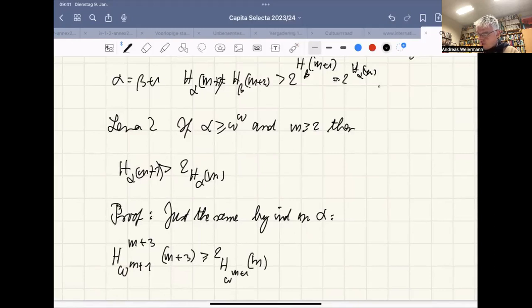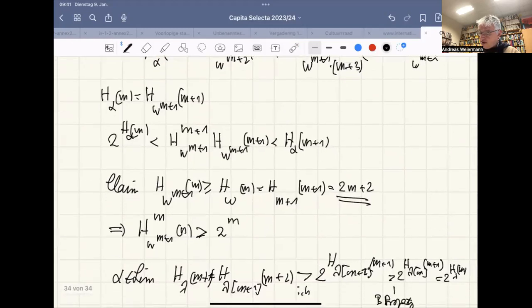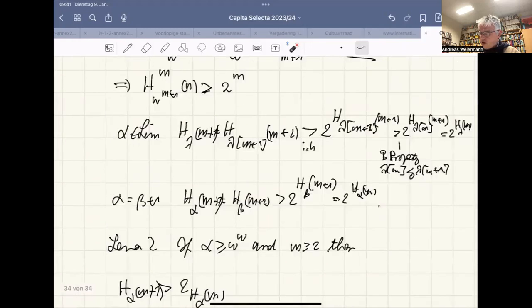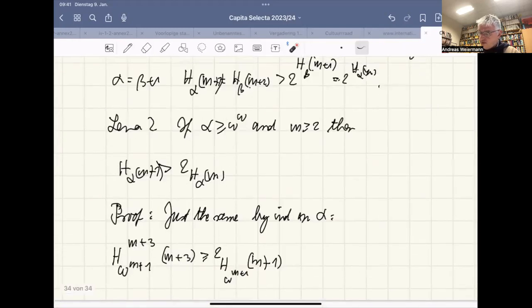Because plus 1. This is a term which we need here. This was because h omega square of n is... so what do we have here?